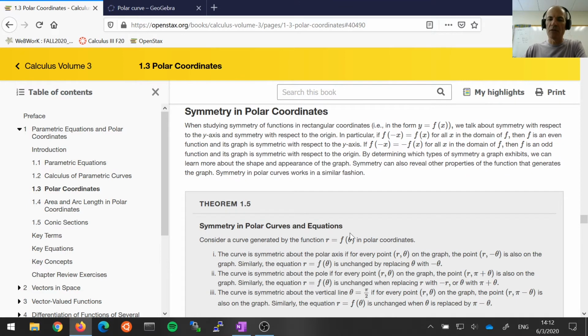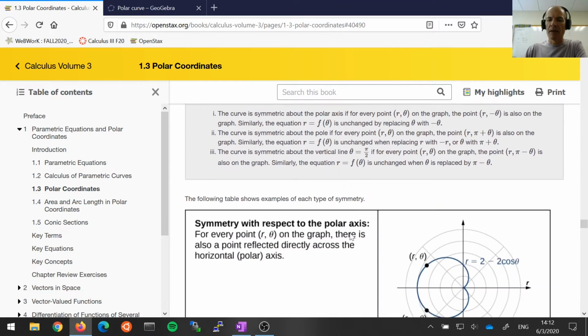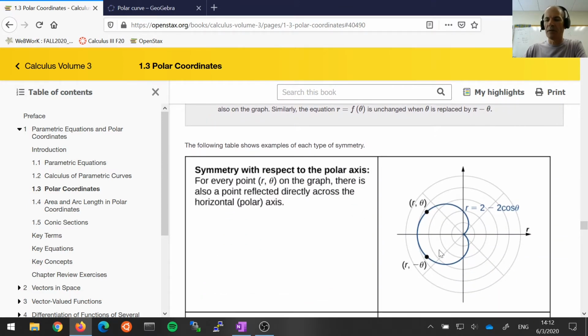Let me finish up this flyover by talking about symmetry. In our case, we're just talking about reflective symmetry about a line. For example, this cardioid is symmetric about this horizontal axis. In this case, we say it's symmetric with respect to the polar axis. The polar axis in polar coordinates is this horizontal axis corresponding to theta equals 0.